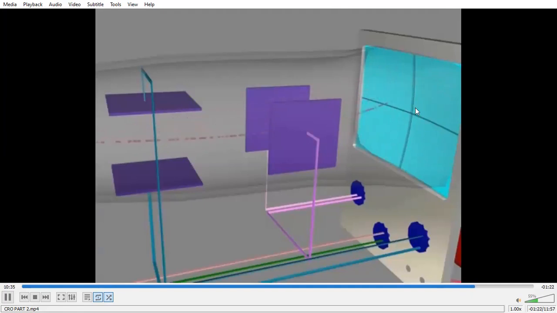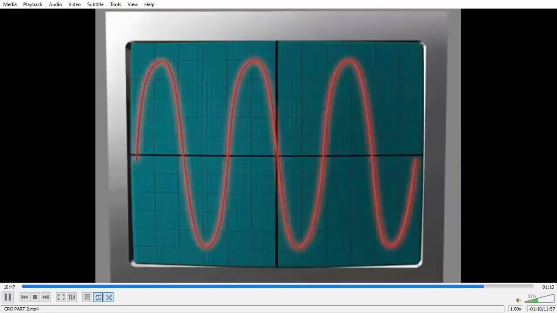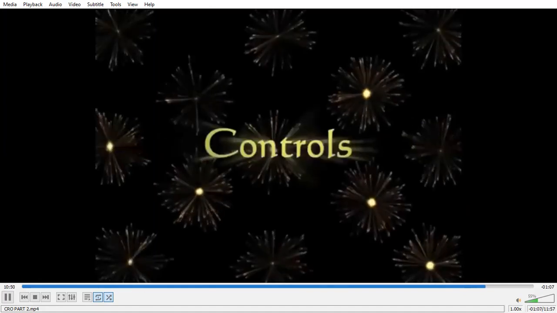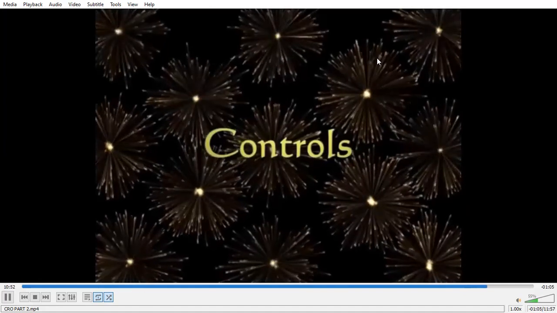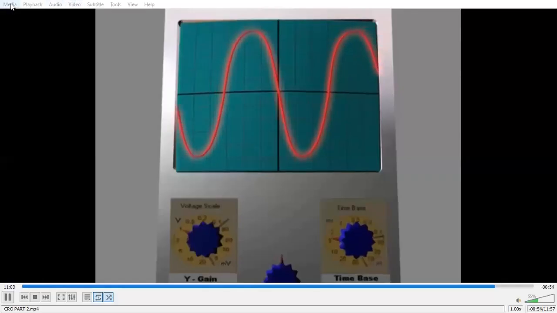Because it is moving up and down and then left to right, the shape will become a wave. So basically it's like this, very simple.